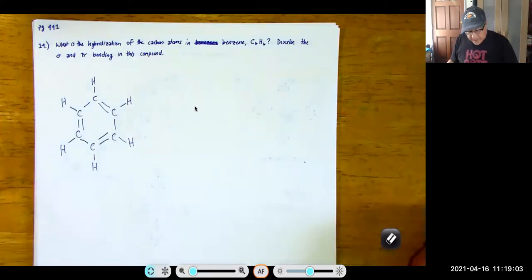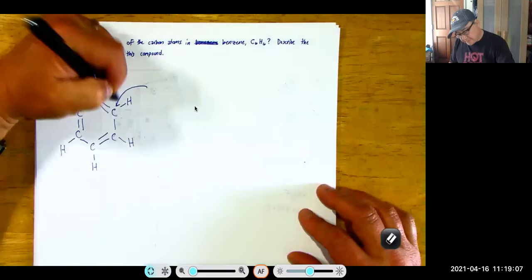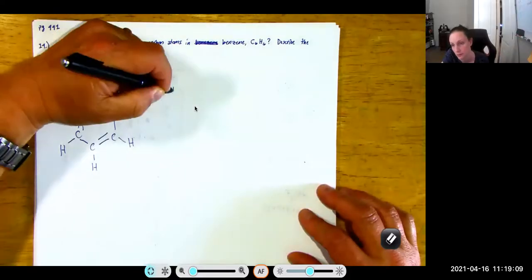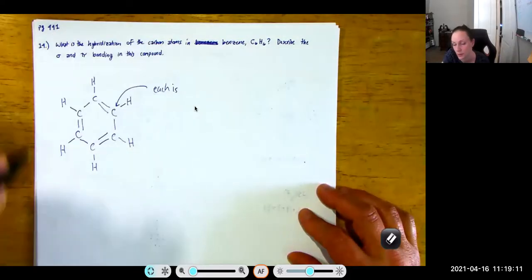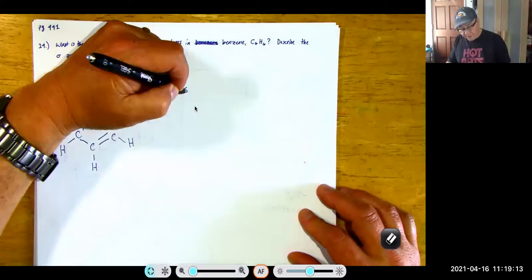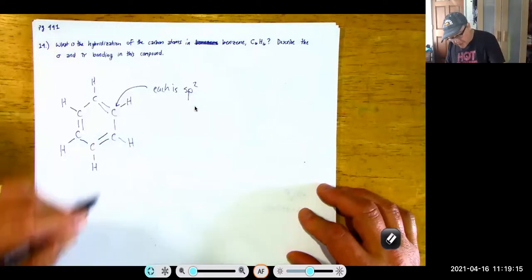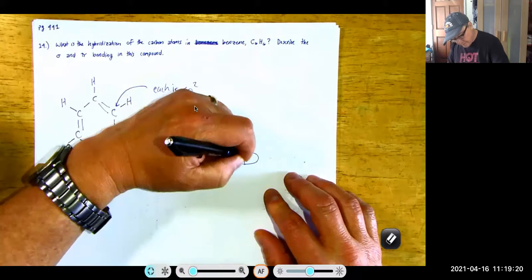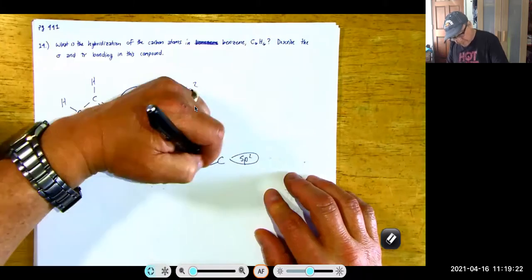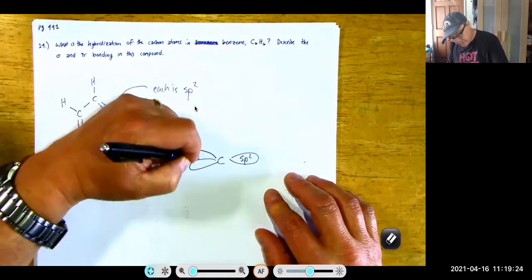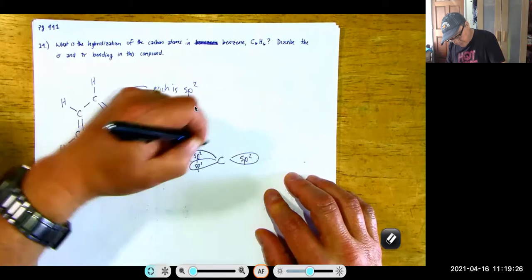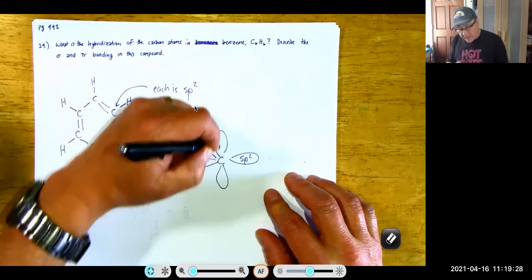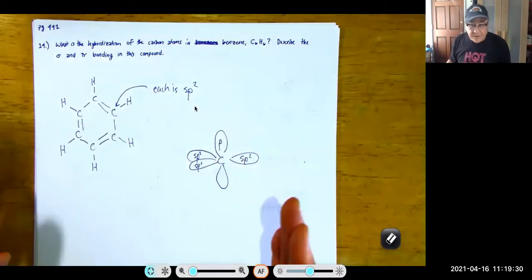Okay. So what's the hybridization of each carbon? sp2. So that means that each carbon looks like this, with the unhybridized p coming straight out of the middle of the carbon, right?